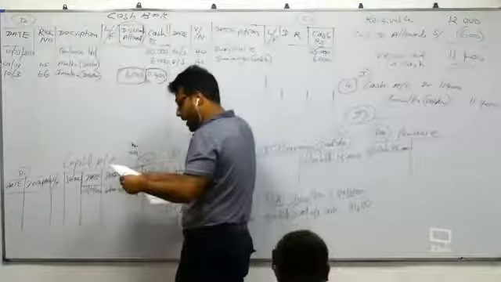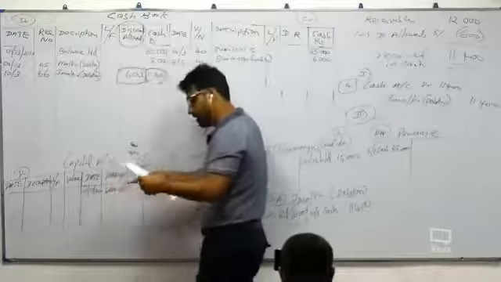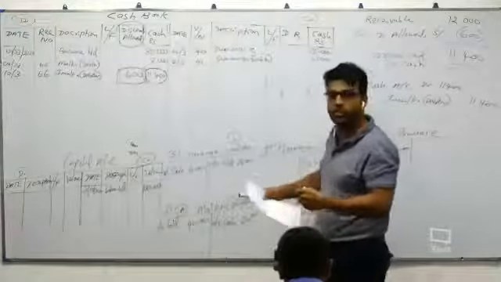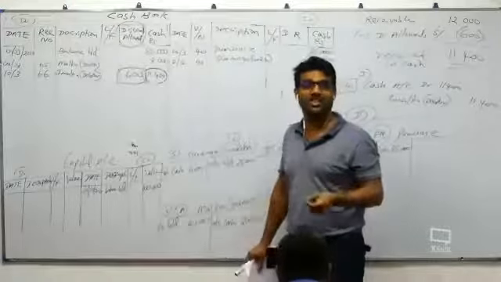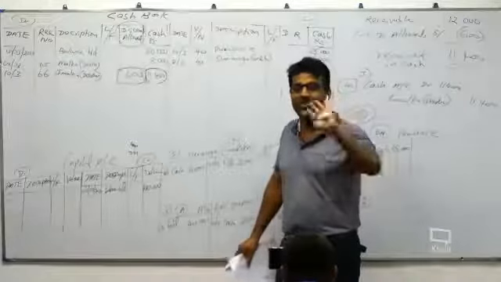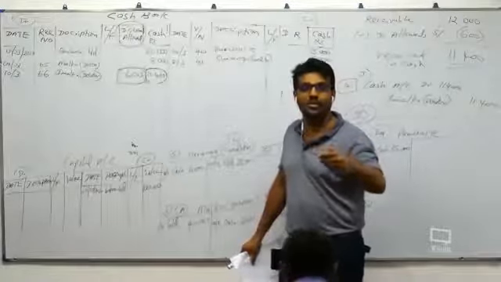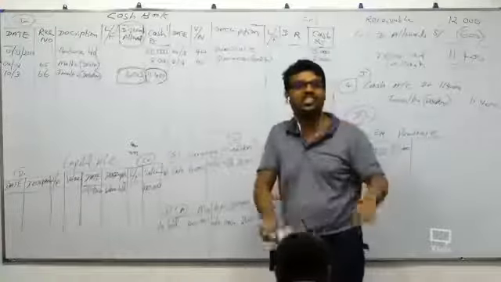Then you can write 15th of March, checks received from sales. When you receive a check, some students will think we should record it in the bank account. No. When you receive a check, nobody will immediately put it to the bank. First you take the check and put it in the cashier.